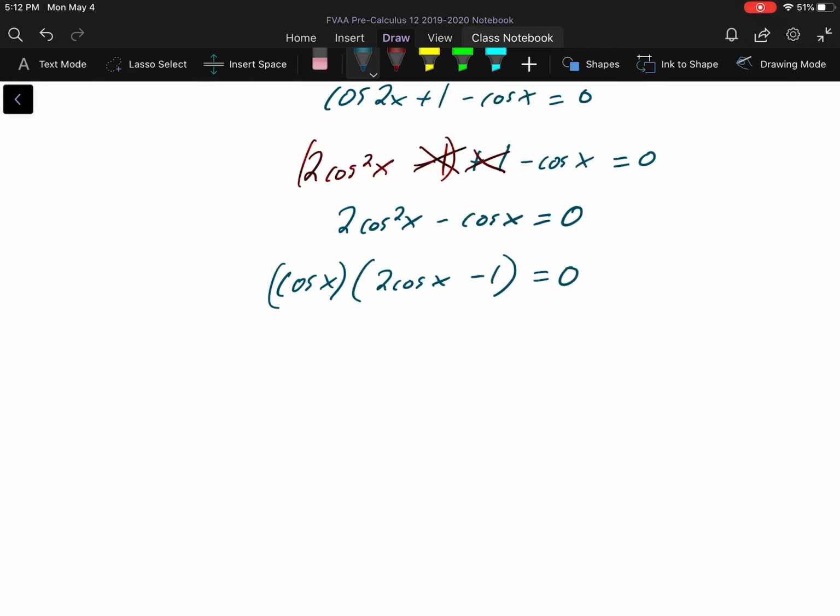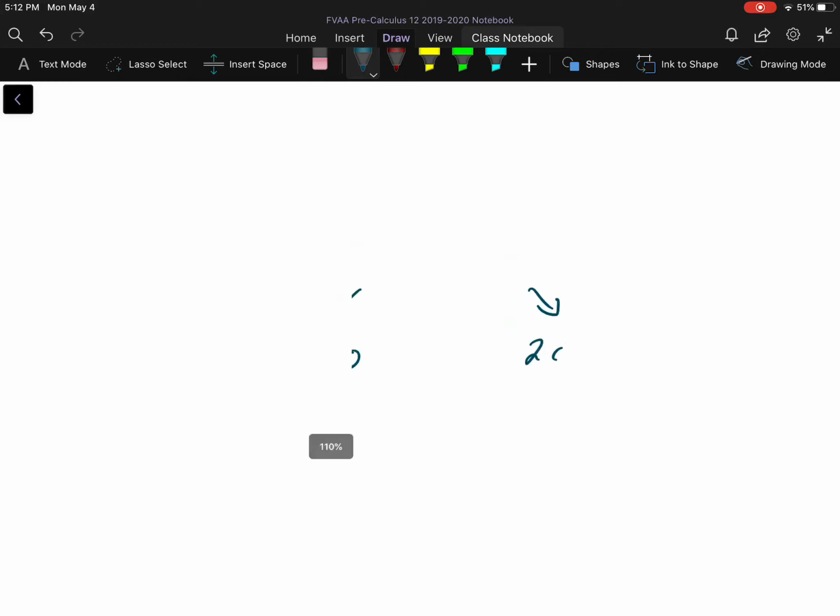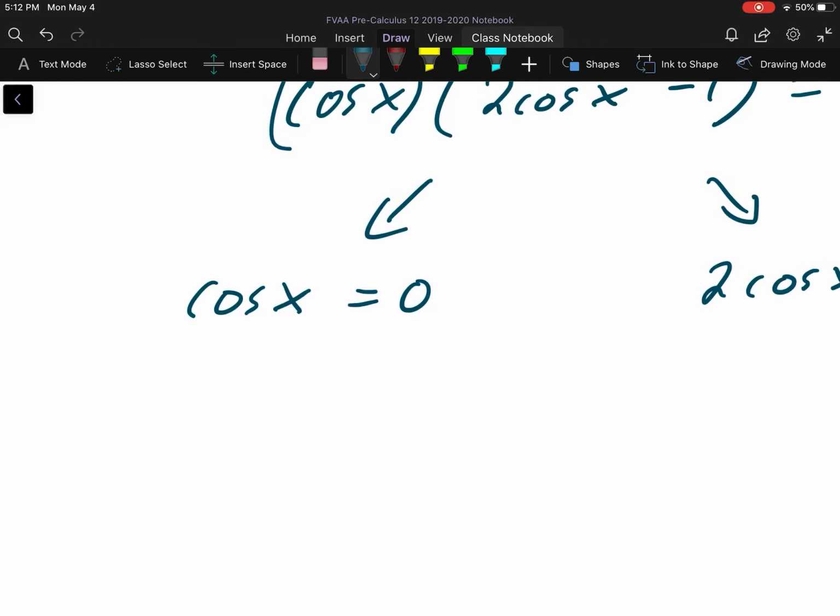That means that if either of them individually equals 0, the whole thing equals 0. So I can split the equation at this stage into cos x is equal to 0 and 2 cos x minus 1 is equal to 0. And then from there I can solve for x. So what values of x would equal 0 here on our unit circle?